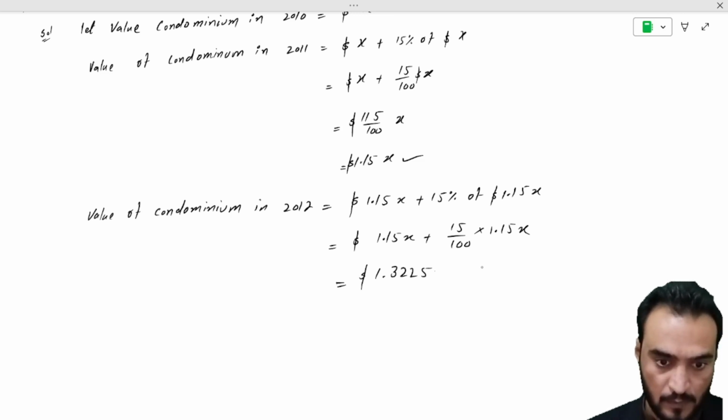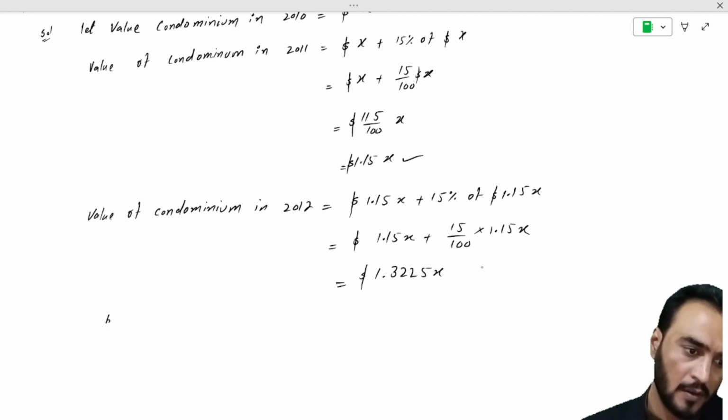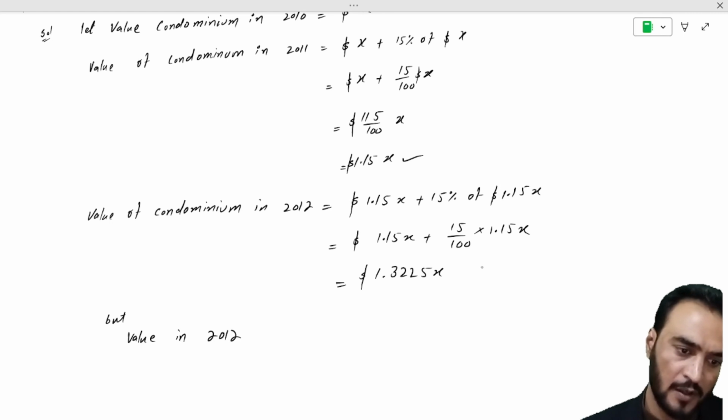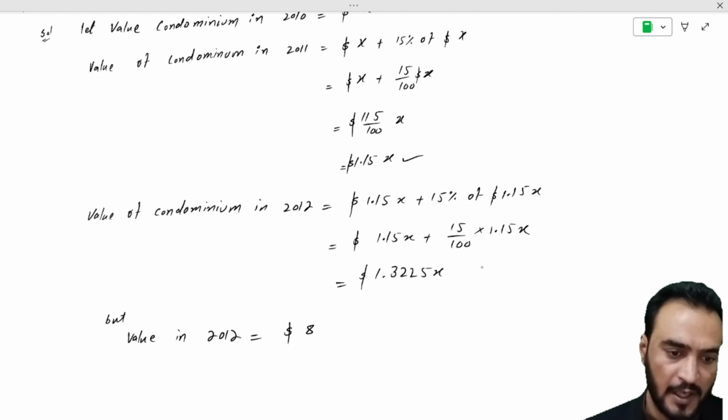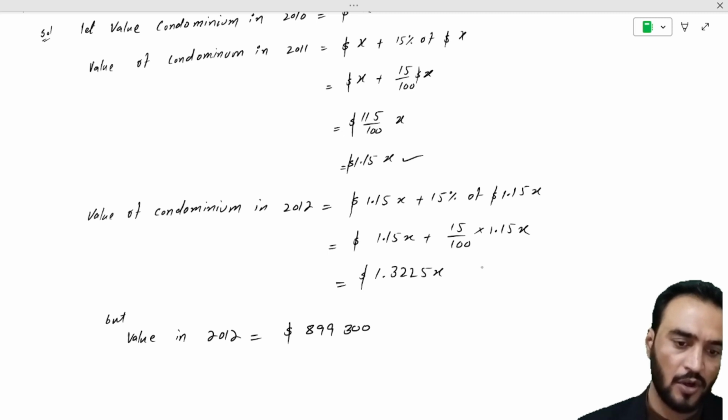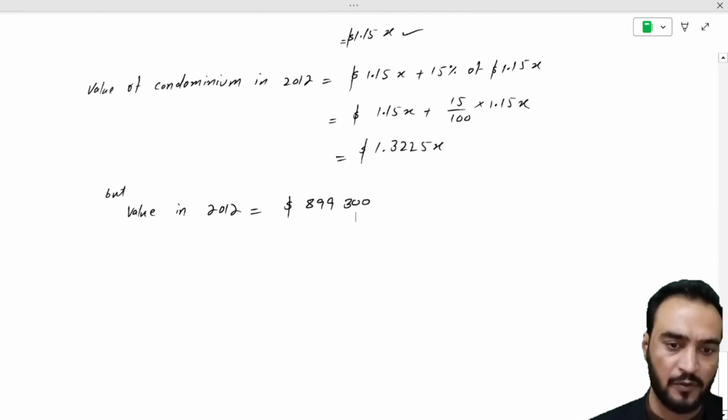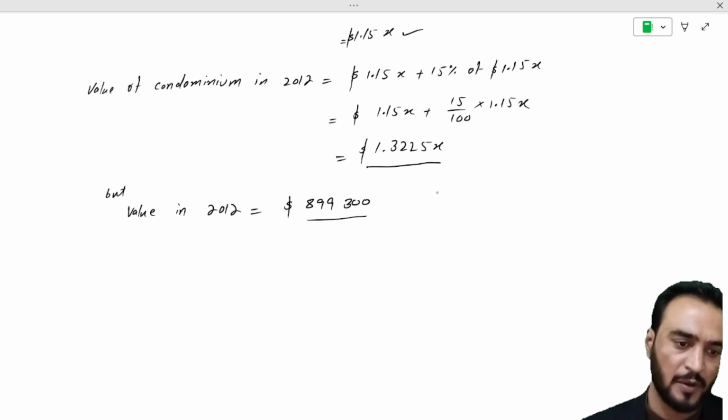The value in 2012 is given in the question, which is equal to $899,300. So we put these two values equal because this is the calculated value of condominium in 2012 and this is the value which is given in the question. So we put these two values equal.